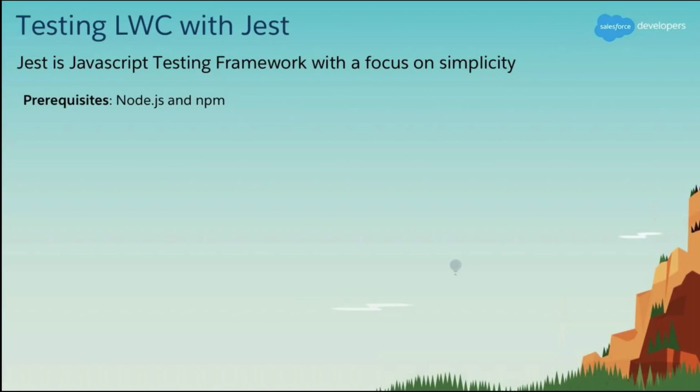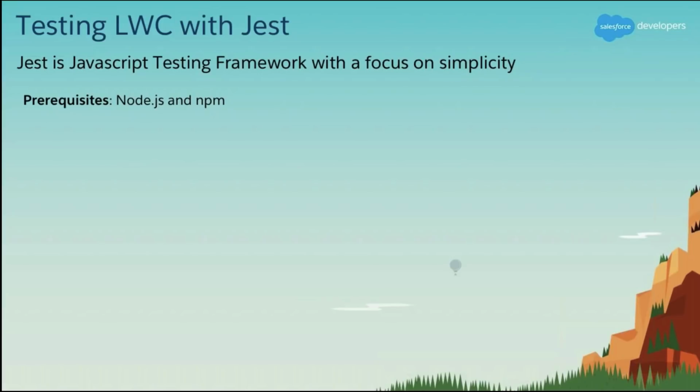Now, in order to use Jest, what are the different things that we need to do as a Lightning Web Component developer? I'm talking from a Salesforce developer's perspective. This is a little new, wherein we'll have to install a few prerequisites. These prerequisites are the usual suspects, which are Node.js and npm, which is needed for any Node.js based frameworks.